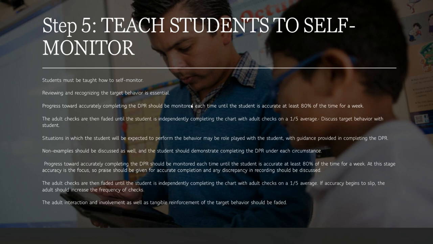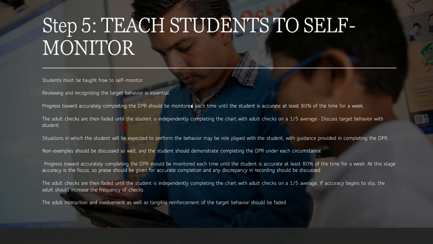Progress towards accurately completing that daily progress report should be monitored until that student is completing it accurately at least 80% of the time for a week. So we want to make sure that the student understands how to complete their self-monitoring report, because that is the data that we're using to track their response to this intervention.